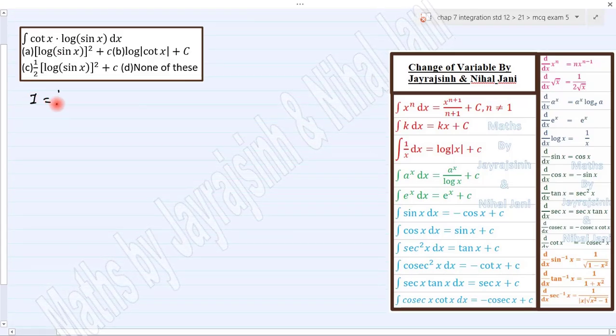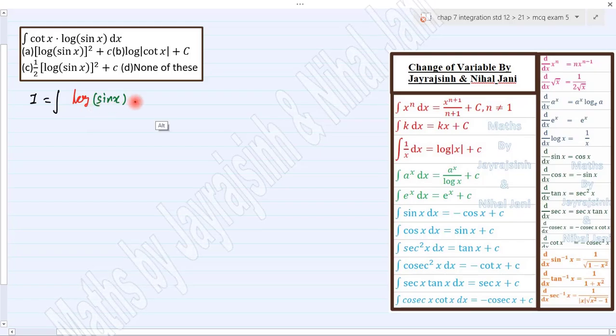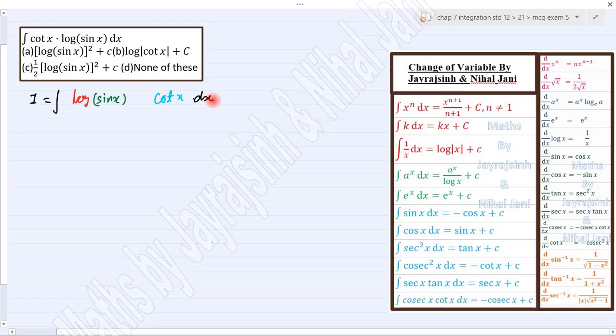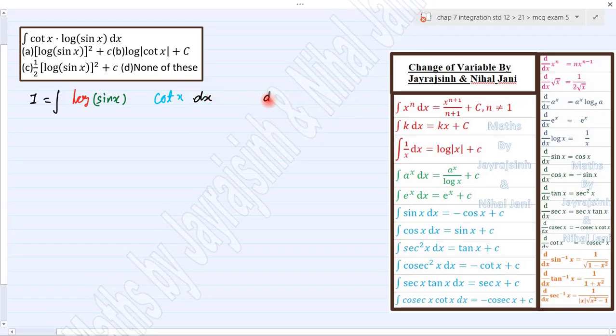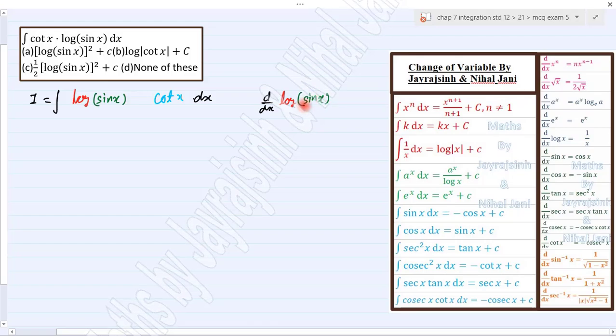In this question, we have to integrate log of sin x into cot x. Basically, cot x is the differentiation of log sin x. Let me show you how. If we differentiate log sin x, then we have to consider a box around the sin x.